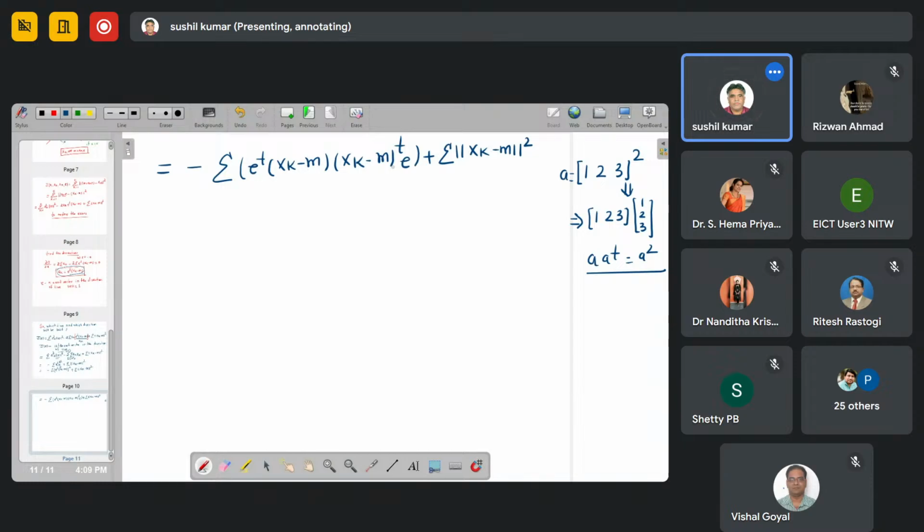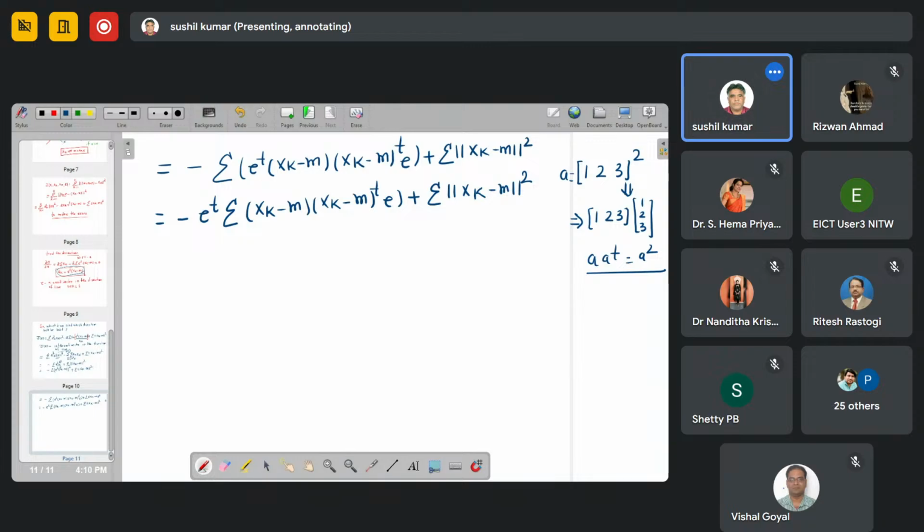So we can write it like this: minus E transpose (x_k - m)(x_k - m) transpose E plus (x_k - m) whole square.